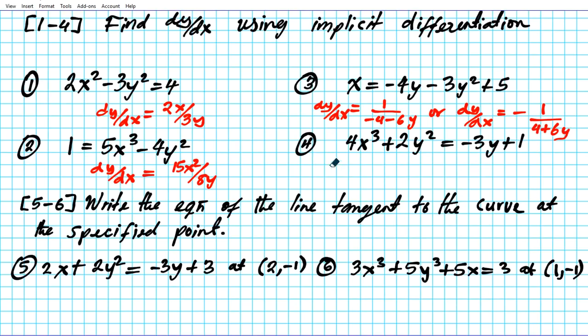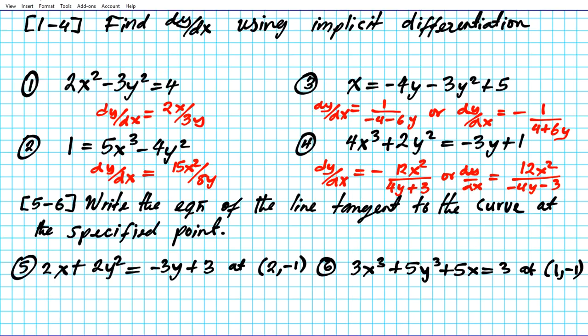Number 4, dy dx is equal to negative 12x squared over 4y plus 3, or you can have dy dx equals, if you distribute the negative to the denominator, you have 12x squared over negative 4y minus 3.